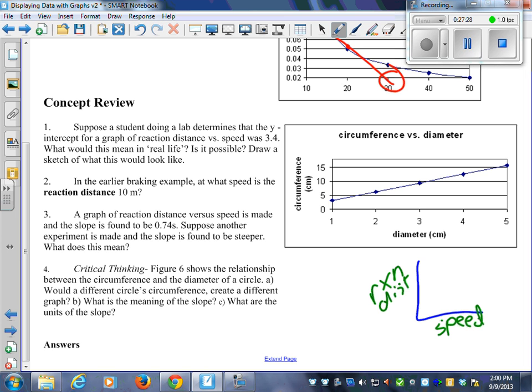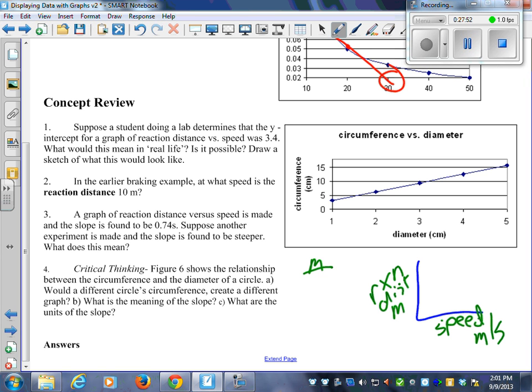Reaction distance versus speed. What is reaction distance measured in? Likely meters. It could be kilometers, but likely meters. What is speed likely measured in? Meters per second. And when I find the slope is 3.4, I'm talking about reaction distance, meters, over the x, right?